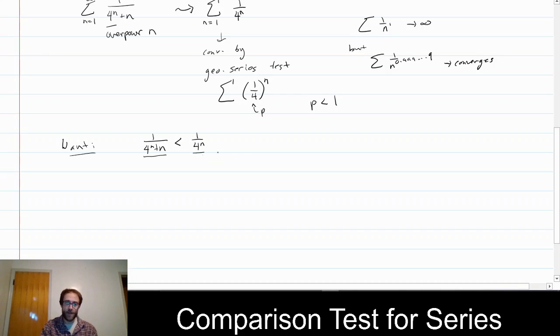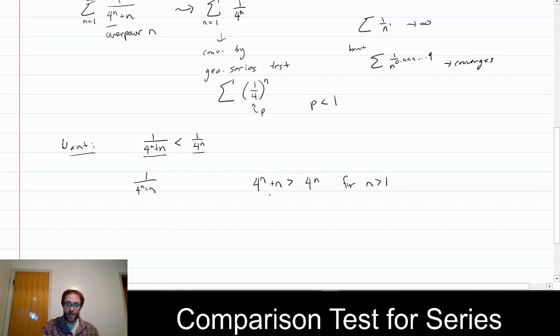So let's do a little bit of analysis here. We have 1 over 4 to the n plus n. The denominator is always going to be bigger. So 4 to the n plus n is always going to be bigger than 4 to the n for n greater than 1, right?